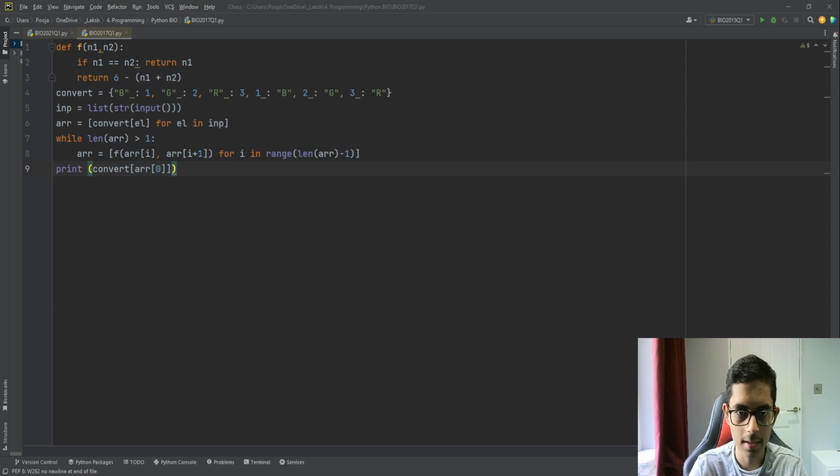The reason is that if we iterated till the last, it would produce an index out of bounds error, since we're accessing the i plus 1 index. This generates the next line, and we repeat until the array is just one character long. After that, we've basically finished, and we convert the numerical format back into the other format. Now let's take some inputs and see if our program will work.